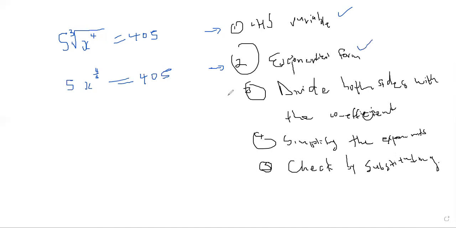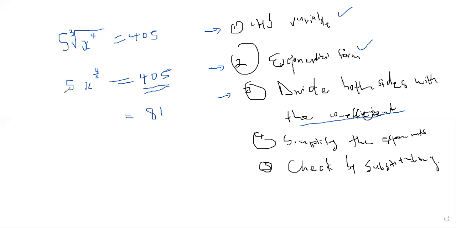The next thing to do is to divide both sides by the coefficient. So we have to divide both sides by 5, and we can see that 405 is divisible by 5 because the last digit is 5. When we divide 405 by 5, we get 81.